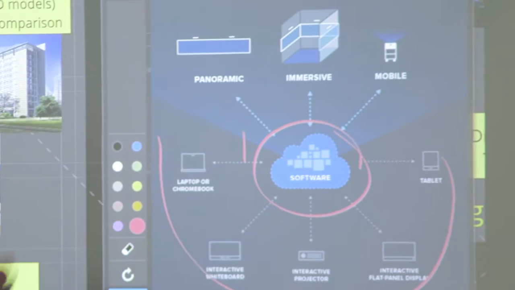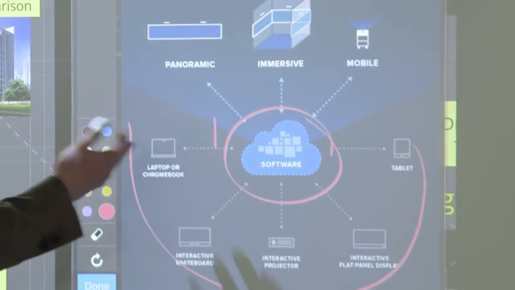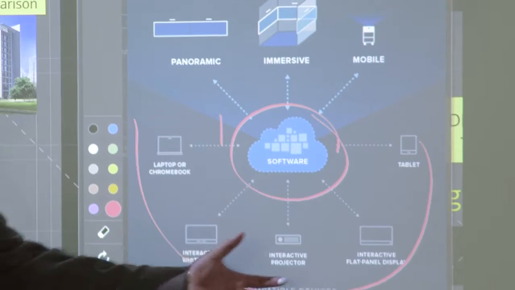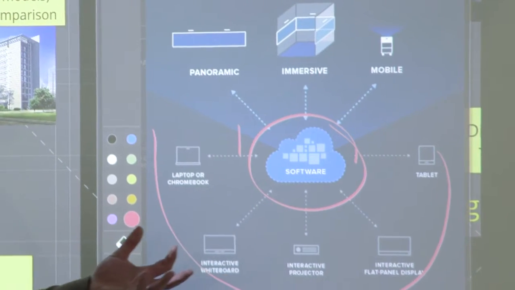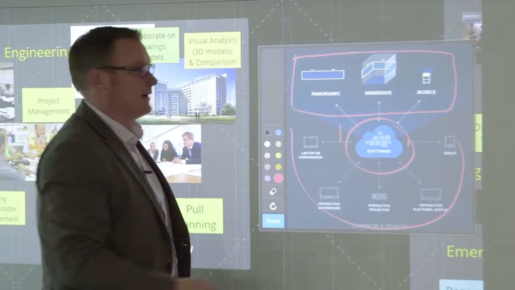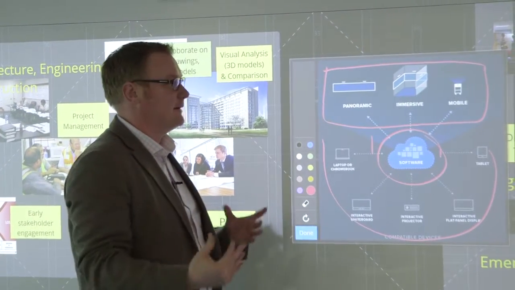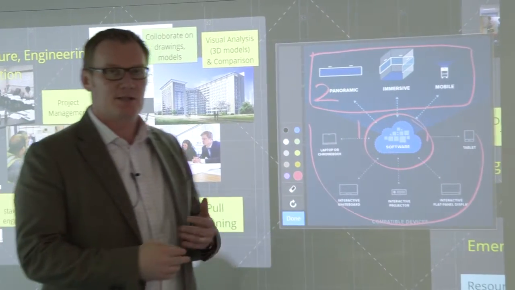And those devices will be the ones they already have, the ones you've already sold them, hopefully. So laptops, Chromebooks, interactive whiteboards, interactive projectors, interactive flat panels of any make or model, doesn't matter to Nureva. And then you've also got the opportunity to talk about, on a longer term basis, how they can utilize that software to create these more immersive environments. So this is almost a second stage to the sales process that you can run.